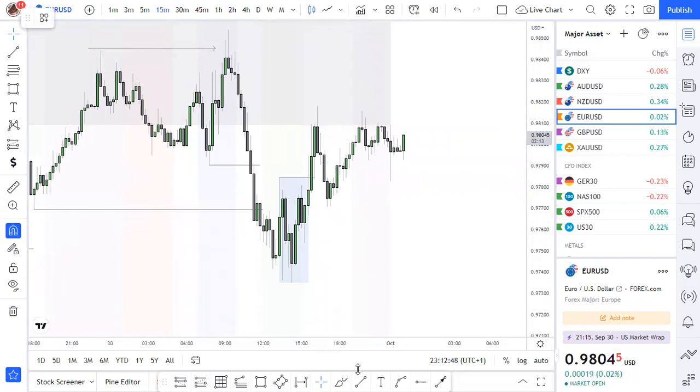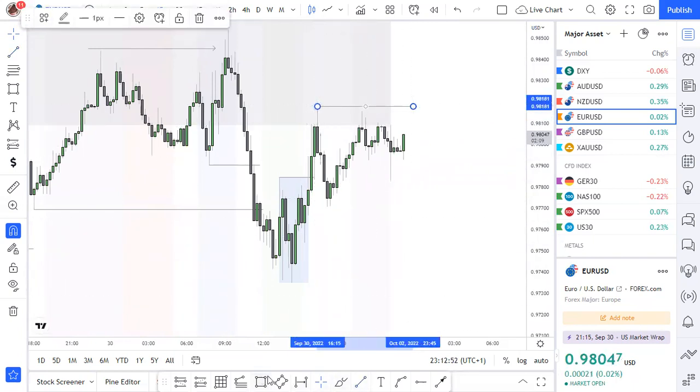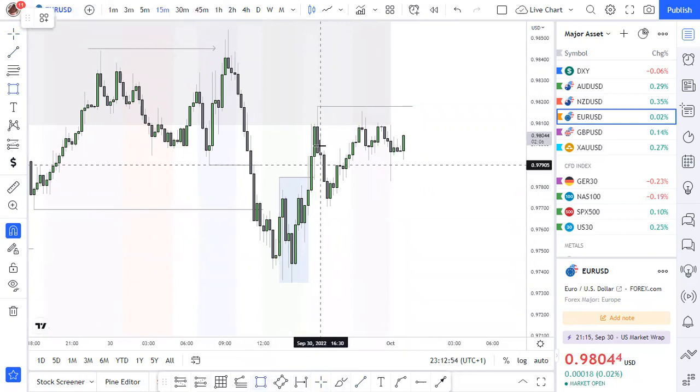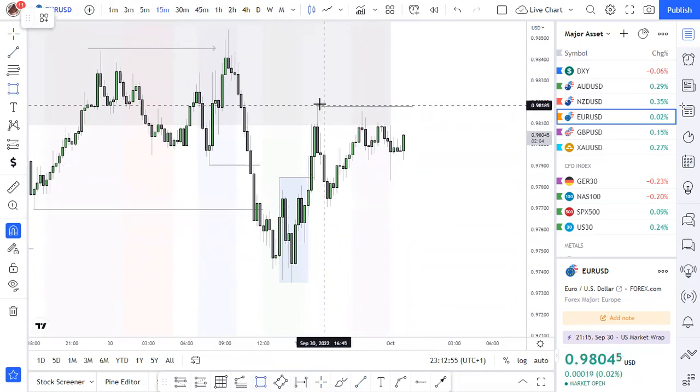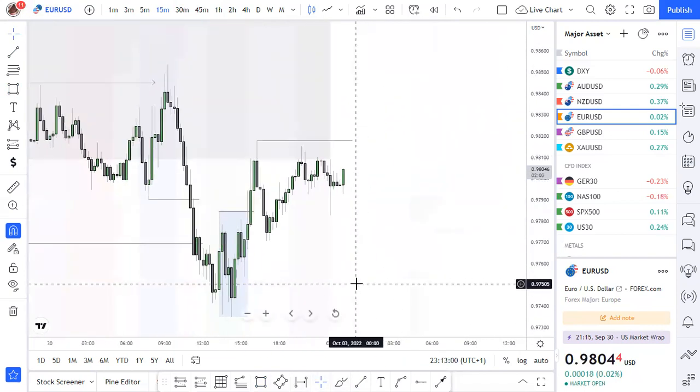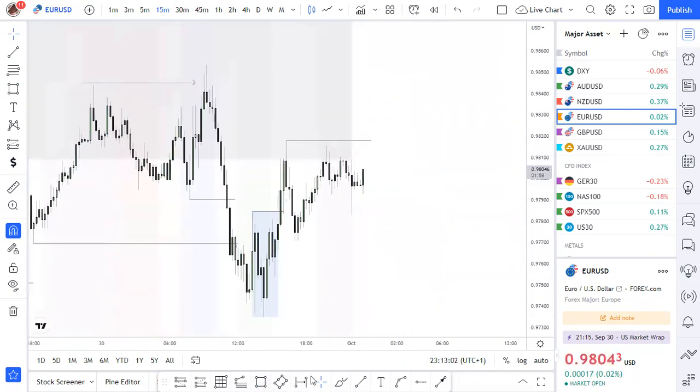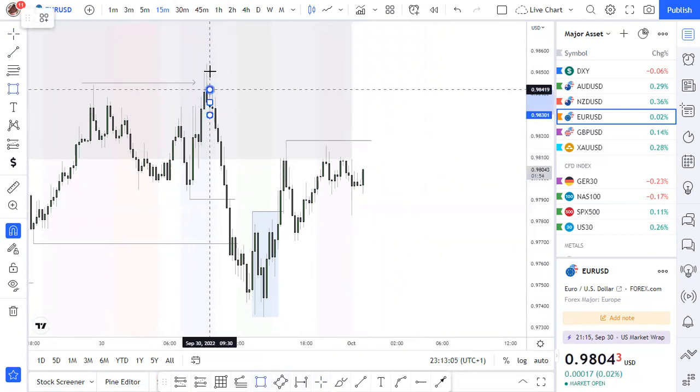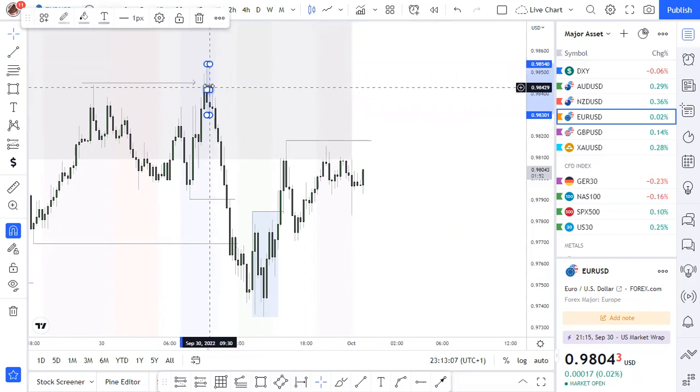And then we want to see price still take out this high. So we're kind of working within this range now. So on the 15-minute time frame, price should maybe tap into this supply range here.